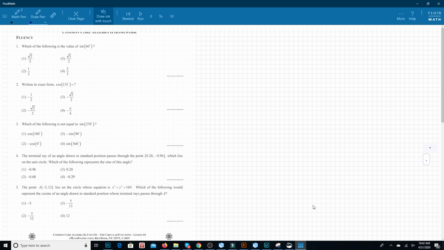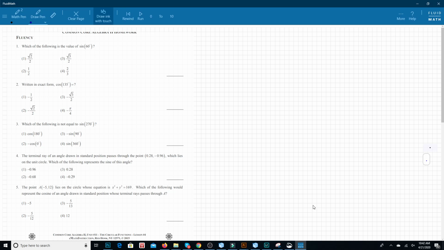The sine represents the y value. So the answer can only be numero uno, 1, negative 0.96. Everyone got that?